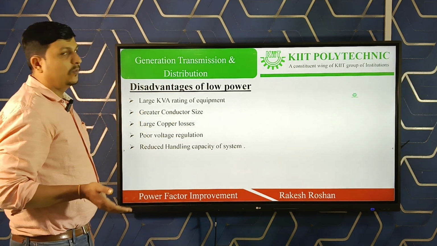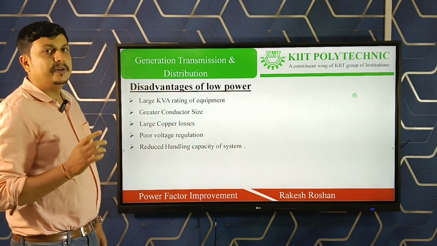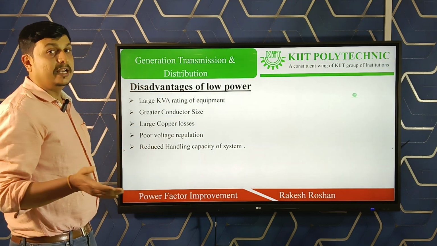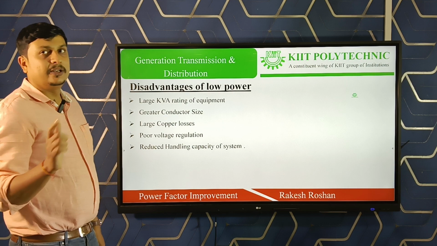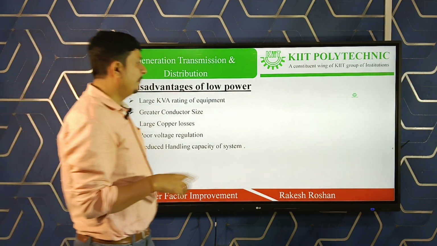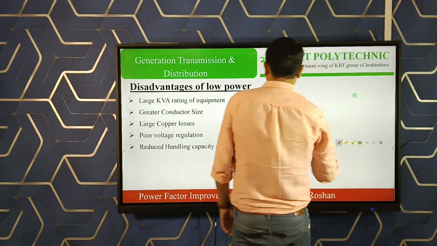Next, what are the disadvantages of low power factor? There are several. The first disadvantage is the large kVA rating of equipment. We can easily understand how the kVA rating becomes large.